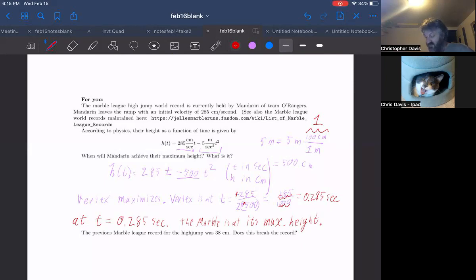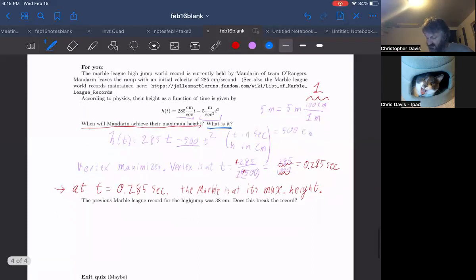All right, so let's just make sure that we've addressed the problem. So there's a, when will Mandarin achieve their maximum height? We just found that. That's this. What is the maximum height? Well, let's answer that next.